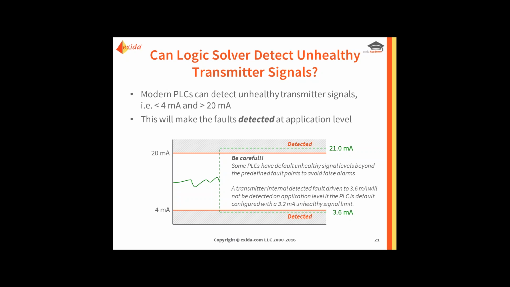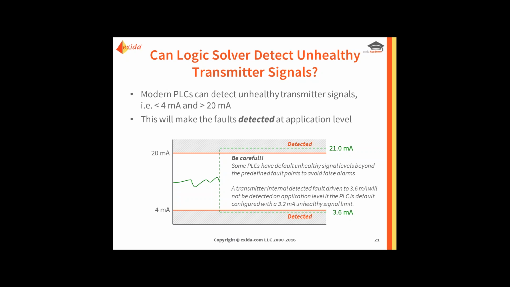But we need to be very careful when we say, yeah, our PLCs can detect these unhealthy transmitter signals. Because what I've seen in some cases is where we use a transmitter that is compliant to the Namur settings. So let's say 3.6 milliamps is the predefined output range for internal detected failures.